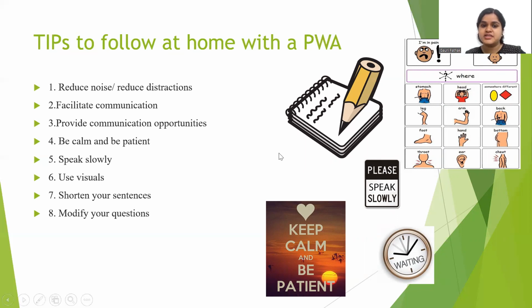You should speak as much as possible and aid communication with the person with aphasia. However, you should always remember to speak very slowly. Take as many pauses as you can, use simpler sentences. What this does is it provides a person with aphasia time to process what is being said. So it gives them extra processing time.